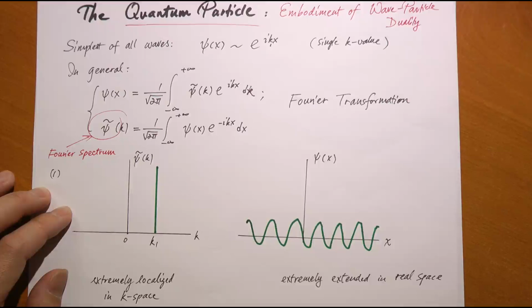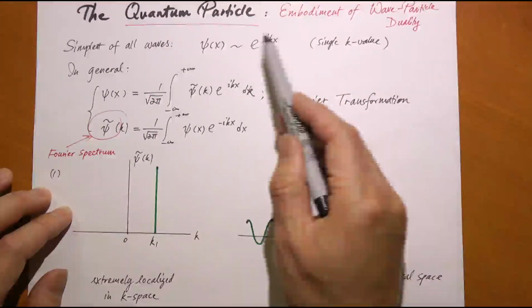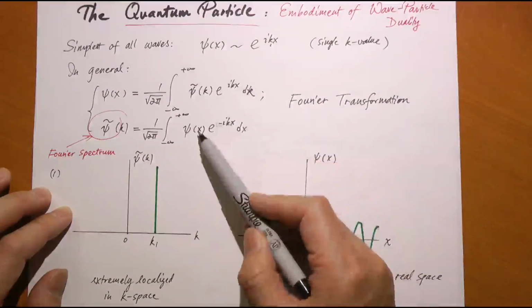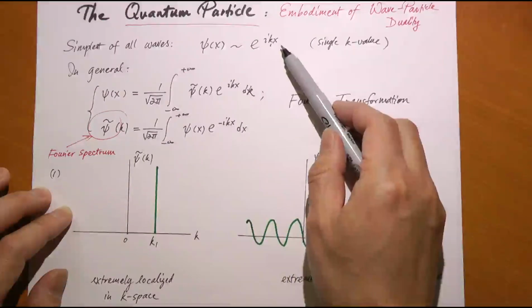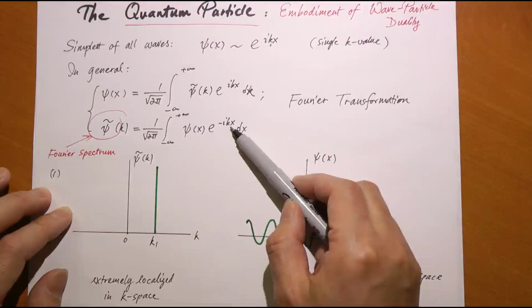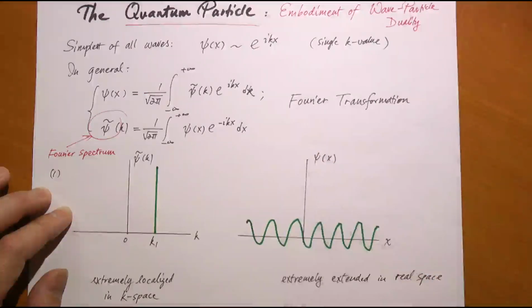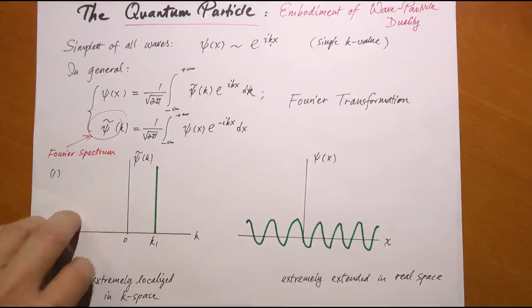Well, we can check that, can we not? We take this function, which is psi, and we plug it into the formula for its Fourier spectrum. So e to the i k1 x, times e to the power negative i k x, integrating over dx. Let's see what kind of Fourier spectrum I get for a simple harmonic wave.